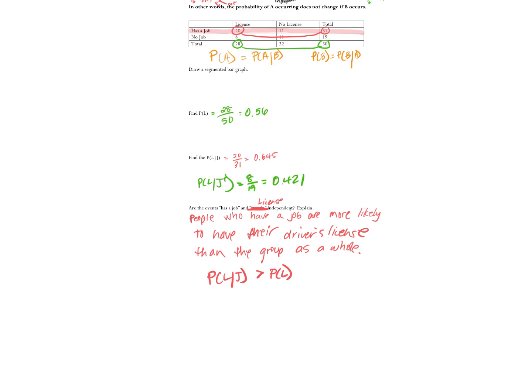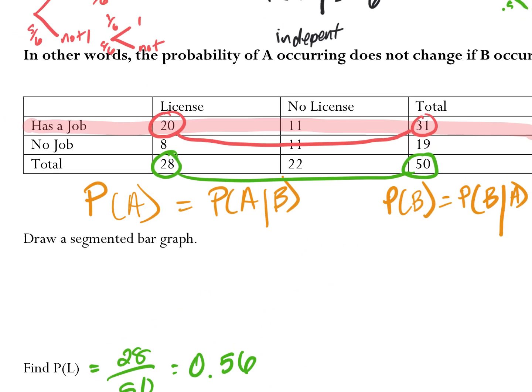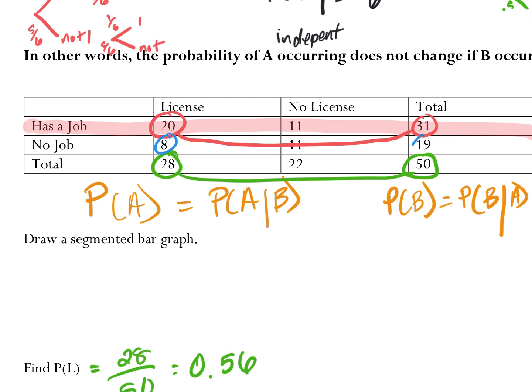And notice that every single one of these fractions we're comparing are the same relative column to total column. Do you guys see what I'm saying there? It's the fact that the proportions aren't the same throughout the table that makes that happen.